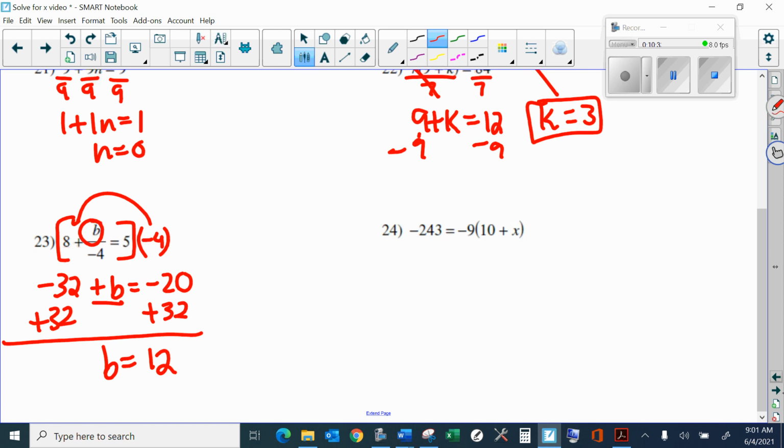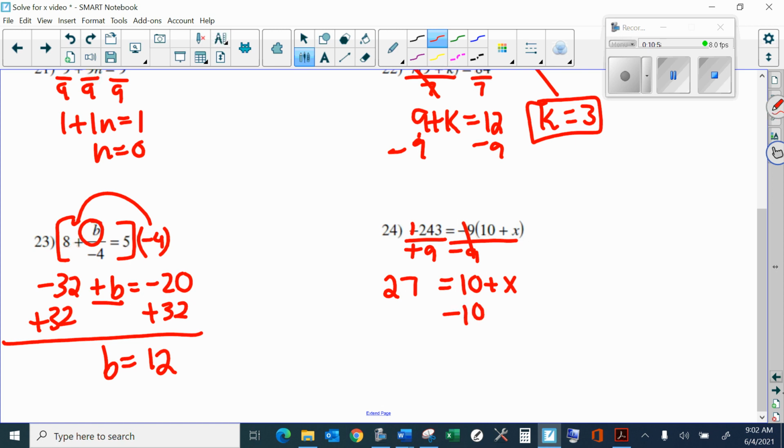Okay. Now again, I could distribute this, or I could divide by negative 9 right away because negative 9 divides into it. If you don't know that, you can play in your calculator. I get 10 plus x. Negative by negative is positive. 9 goes into 24 2 times. That's 18 with the 6 left over, so drop down the 3, 63. 9 goes into 63 7 times.